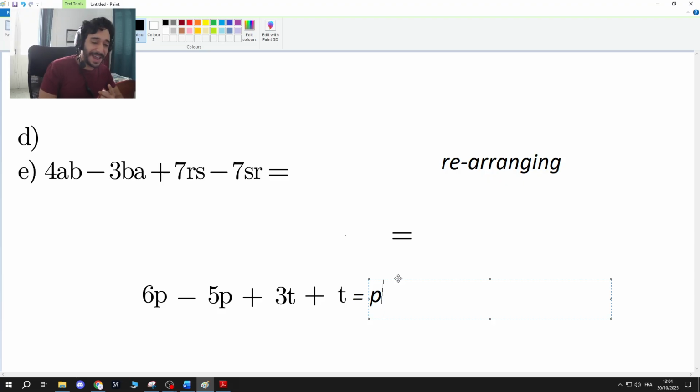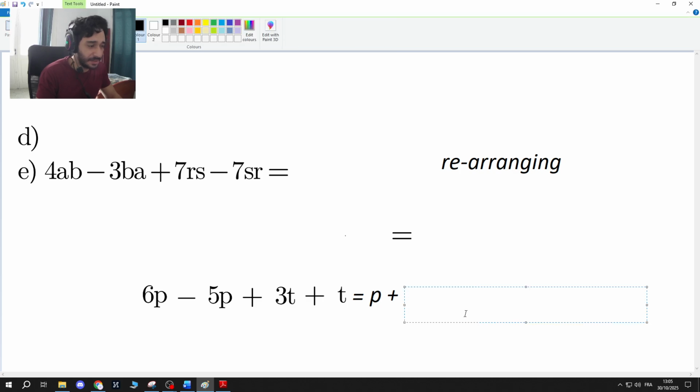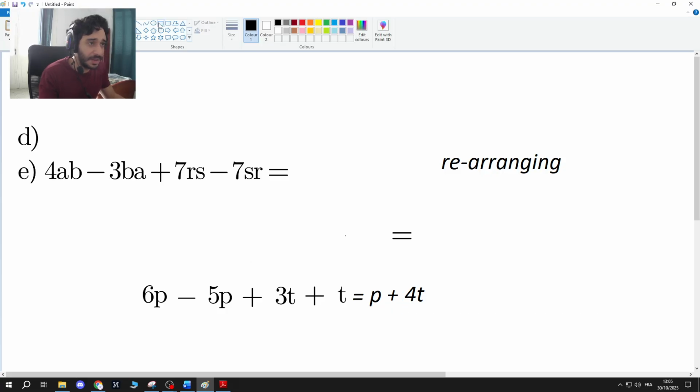Now, do I say an apple or a one apple? Of course, I'm going to say an apple, so I'm just going to keep it as p. And plus, what's 3t plus t? That is 4t, isn't that right? So I'm just going to write 4t. And this is actually my final answer.